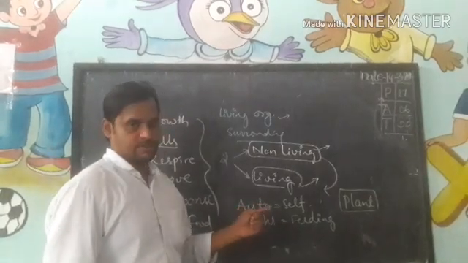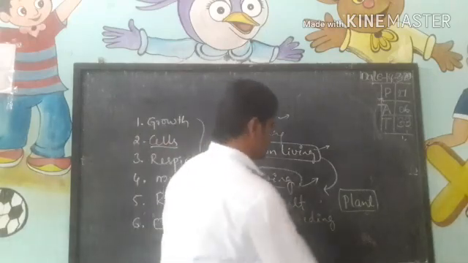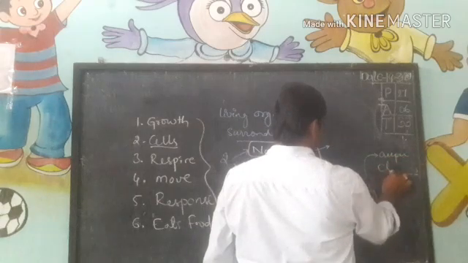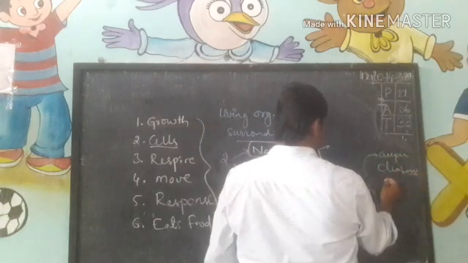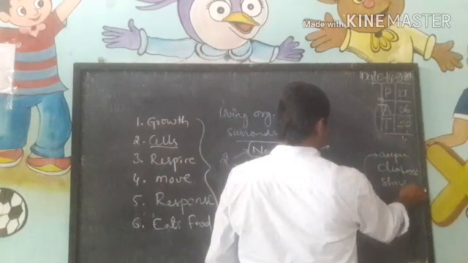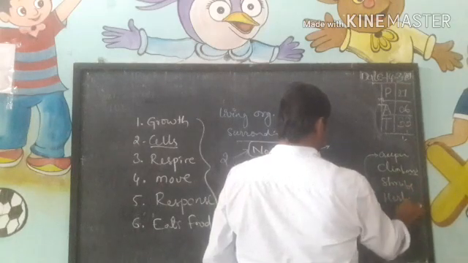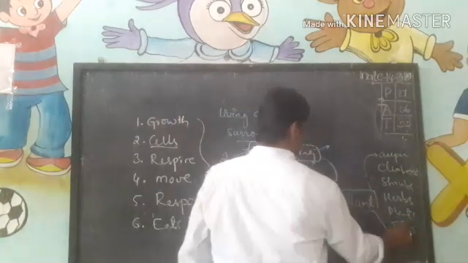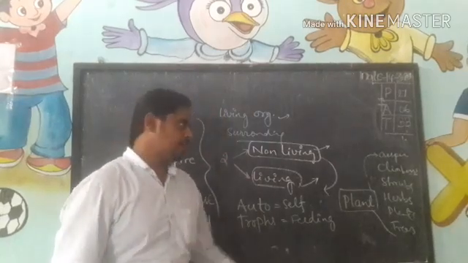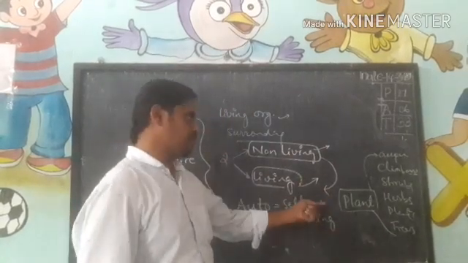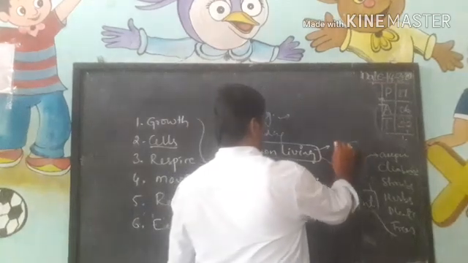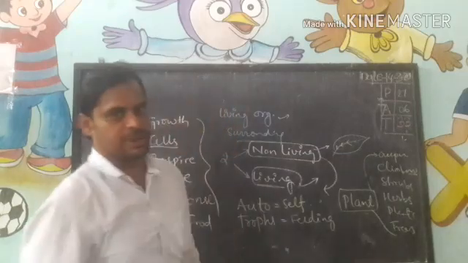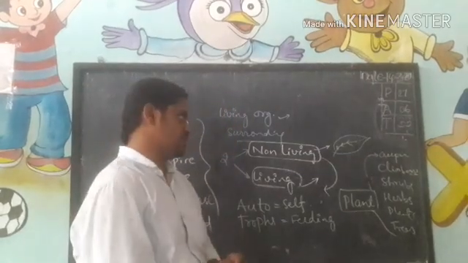In the beginning lesson, we discussed creepers, climbers, shrubs, herbs, and trees. Whatever they may be, they have leaves, and with the help of leaves they can prepare their own food, and we call it photosynthesis.